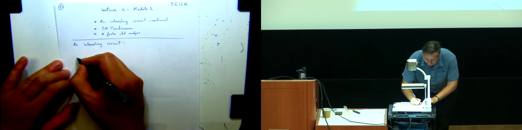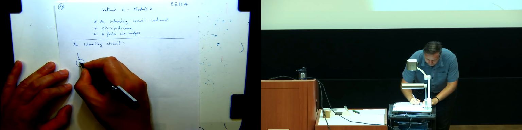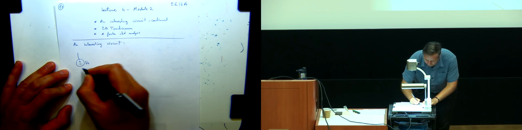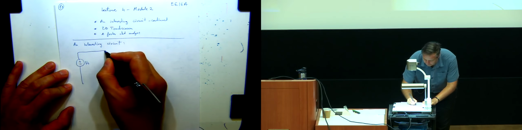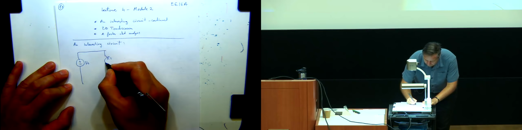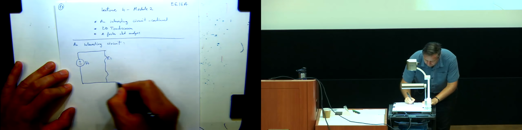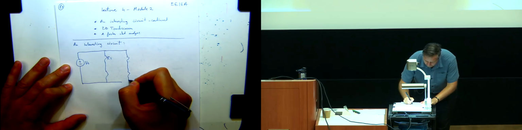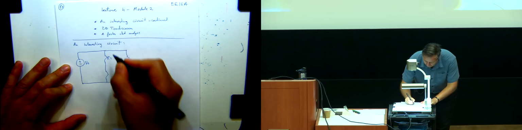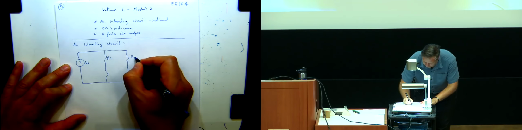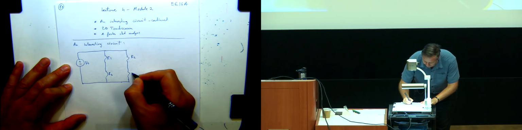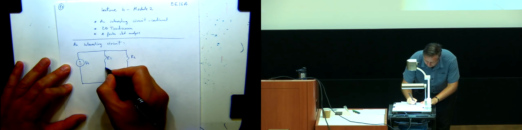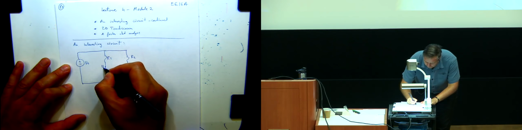All right, so we had something like this. R1, R2, R3, R4. This node was U2.